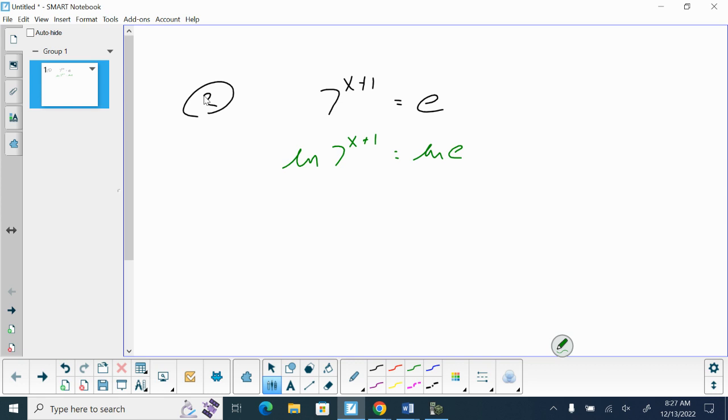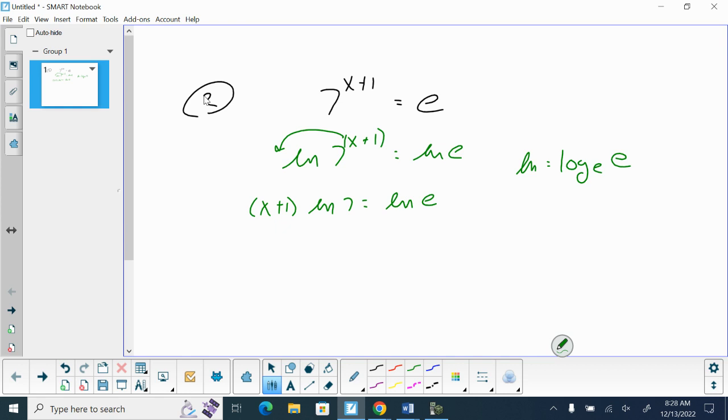And using our properties of logarithms, when we have an exponent to a base, we can bring the exponent out front. So we have x plus 1, ln of 7 is equal to ln of e. Well, if we look at the right-hand side, the natural log is log base e of e.